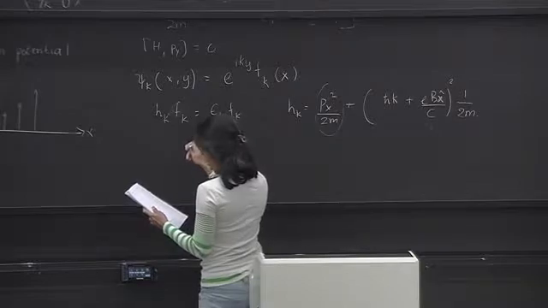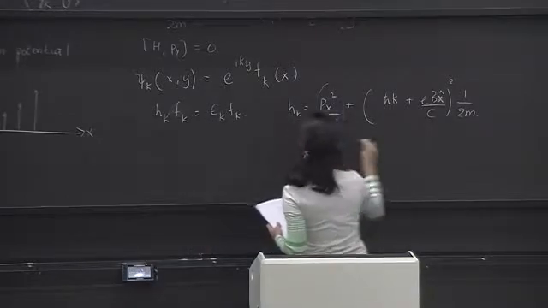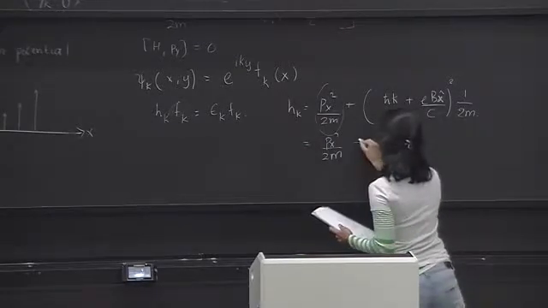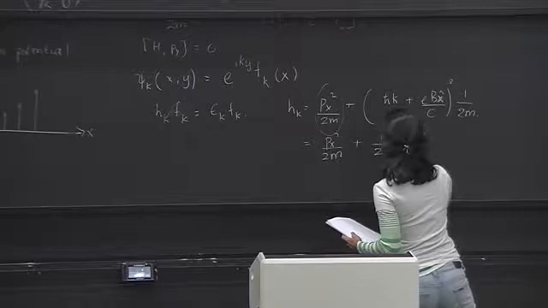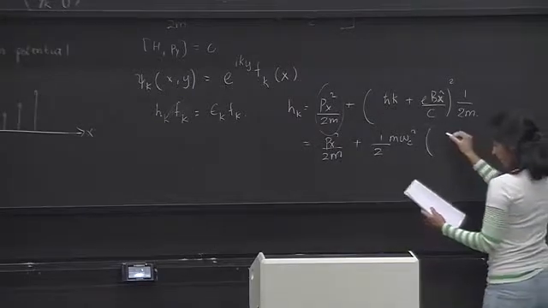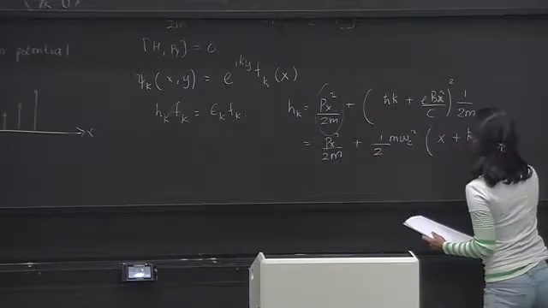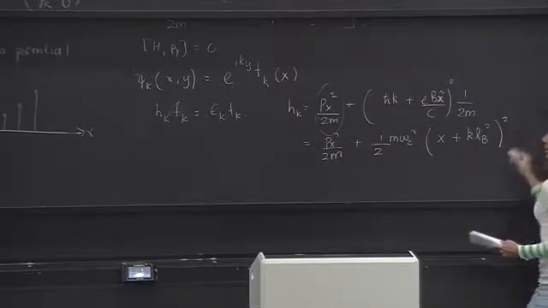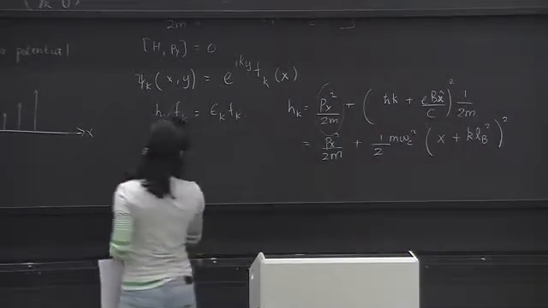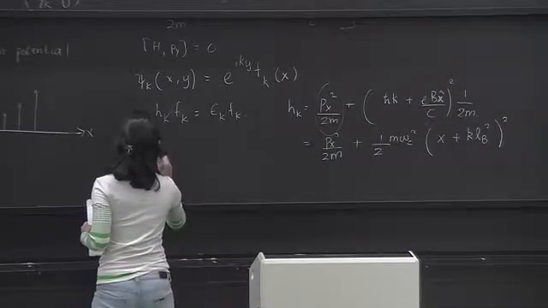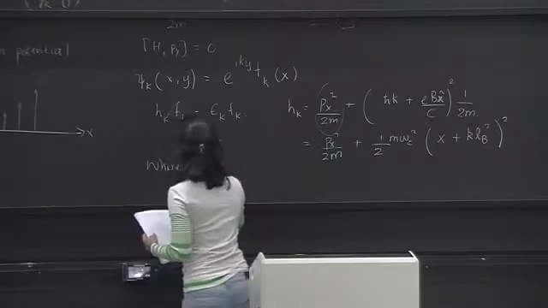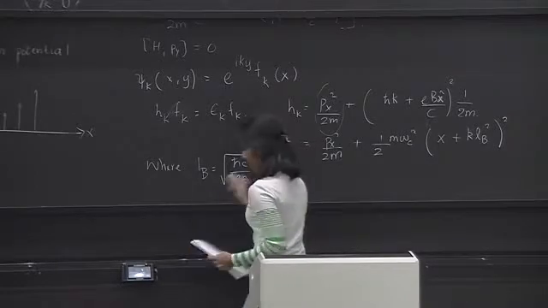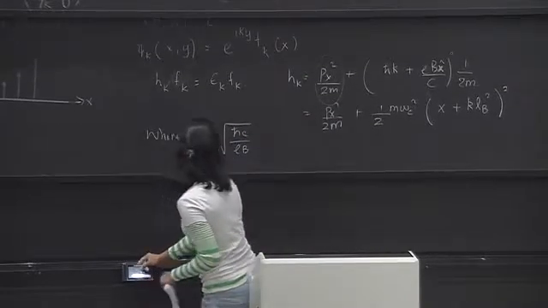And so actually, let me write this down in a form that looks more like the harmonic oscillator, with (x + k l_B²) squared.